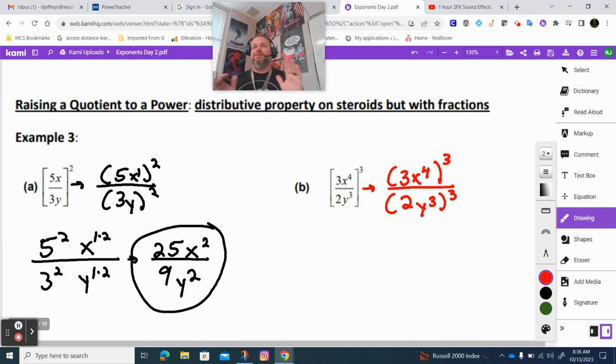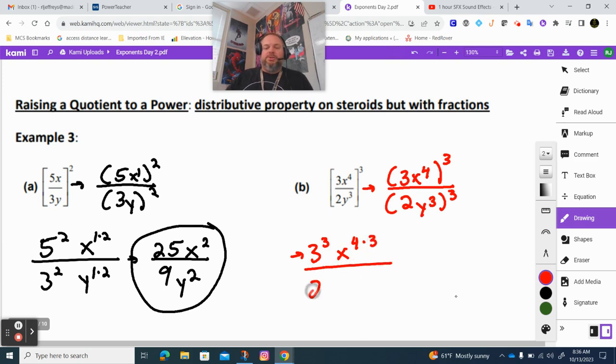Once we get here, we're going to distribute this third power. So 3 to the third, x to the 4 times 3, 2 to the third, y to the third times 3.